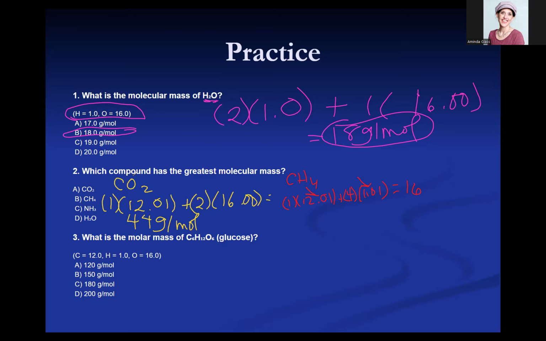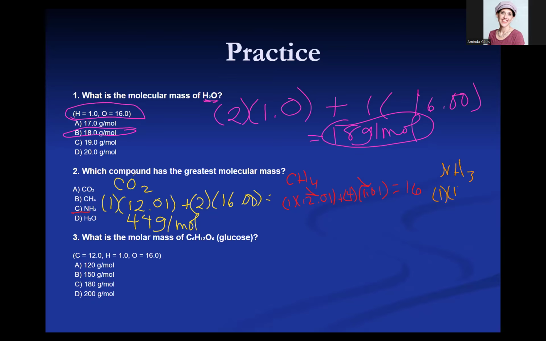We have one last one to do, and that is ammonia in C, because D we did up above. So if we look at the periodic table for NH3, we have 1 nitrogen.